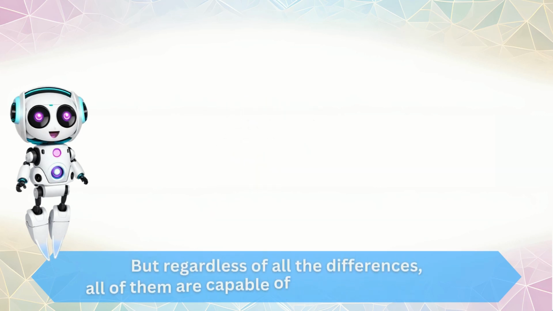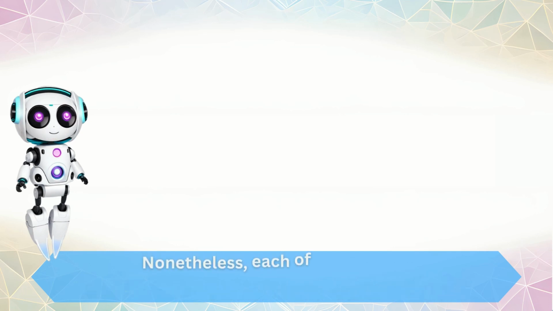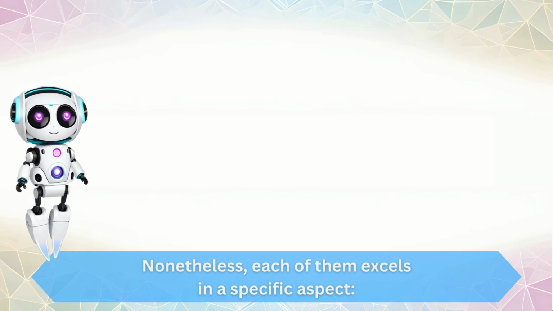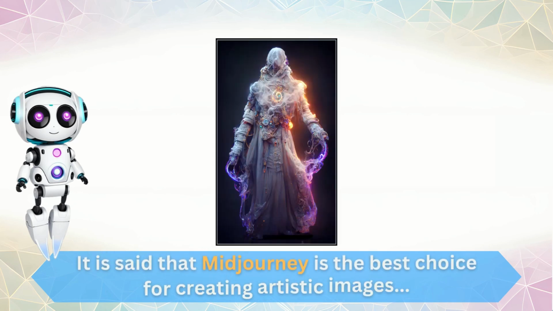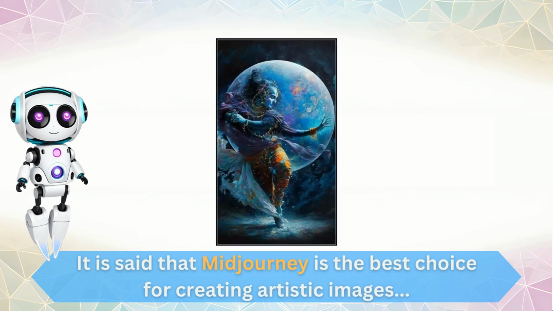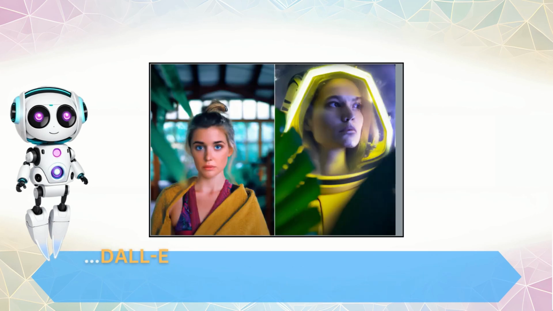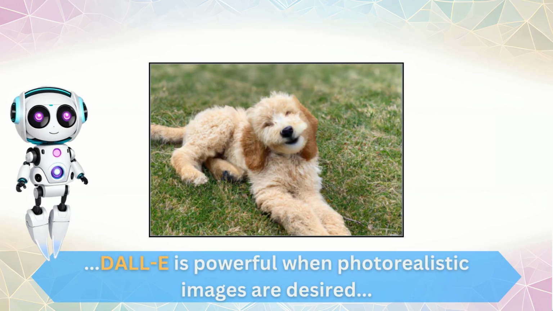But regardless of all the differences, all of them are capable of creating stunning art. Nonetheless, each of them excels in a specific aspect. It is said that Midjourney is the best choice for creating artistic images. DALL-E is powerful when photorealistic images are desired.